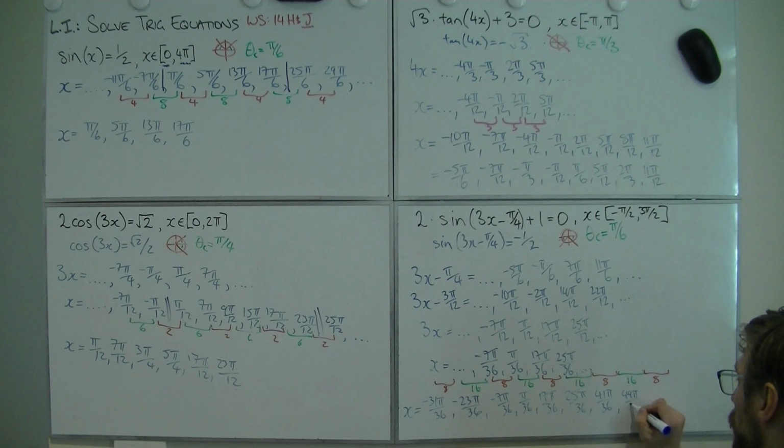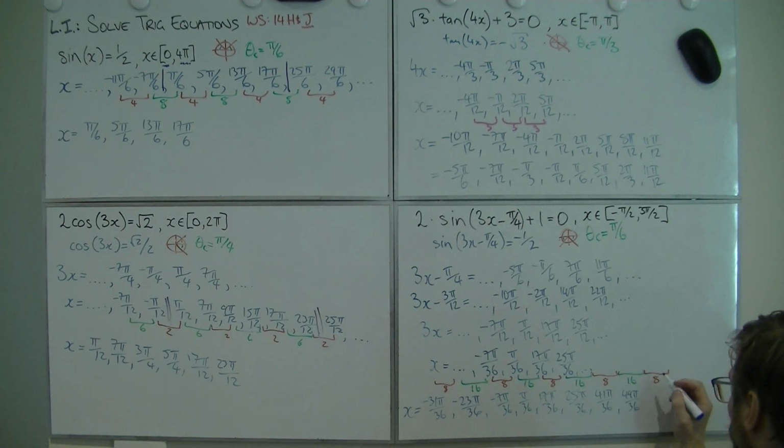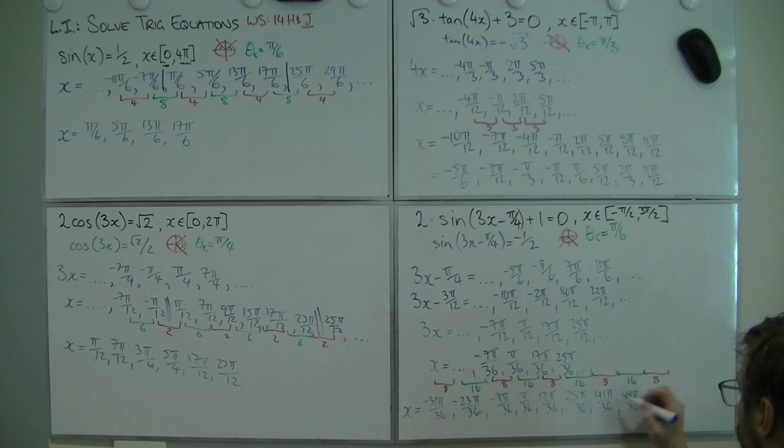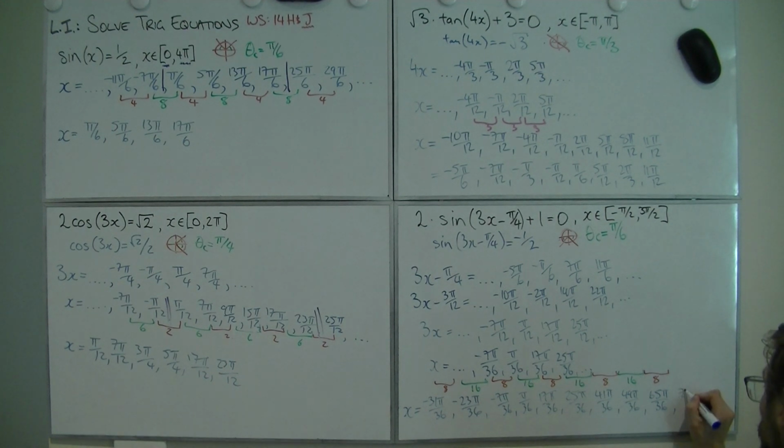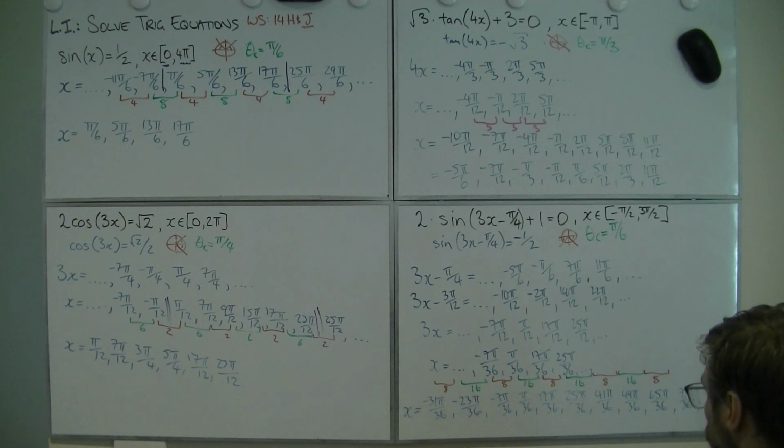49 pi on 36. Add another 16. These are getting a bit wonky, but okay. What did I say? Add another 16. 65 on 36. Yeah, we'll go with more. 8 is 73 pi on 36, and we could keep going, but we shan't.